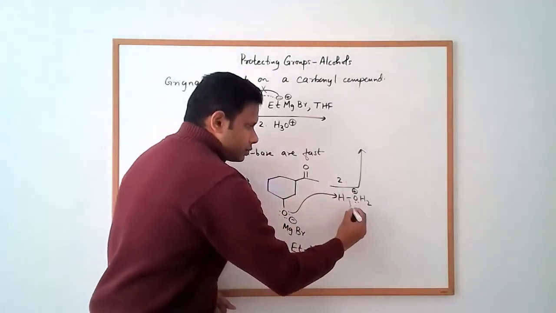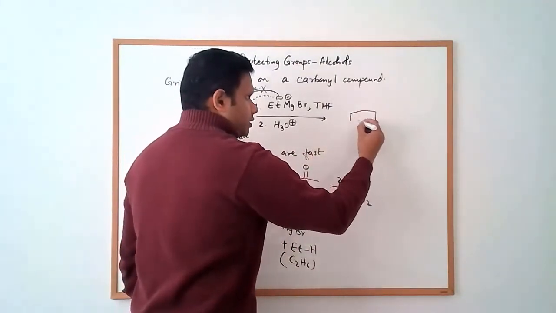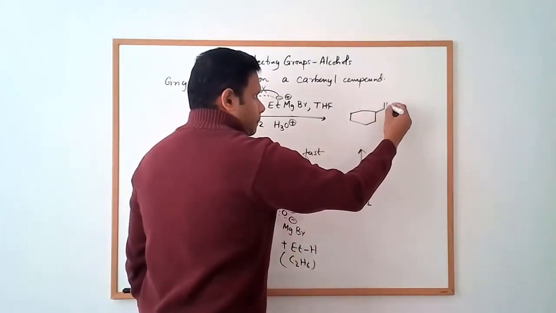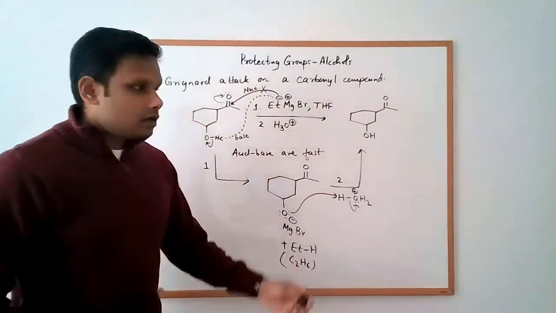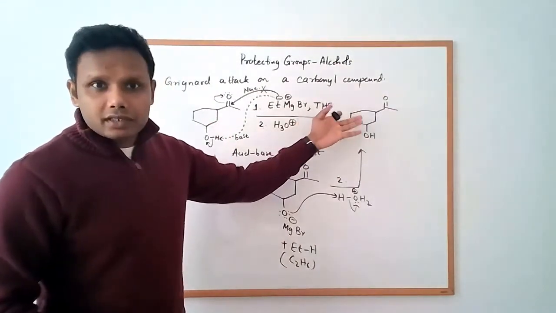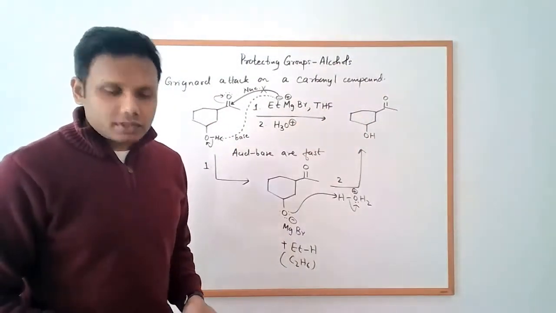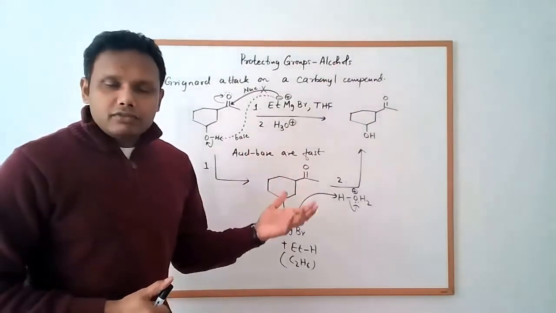It will pick up the proton from the acid. And so what we will get in the end is our starting material. We get our starting material back at the end of this reaction. So that means we did not do anything fruitful here.